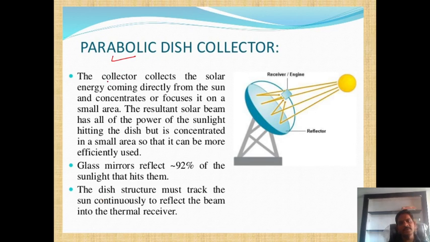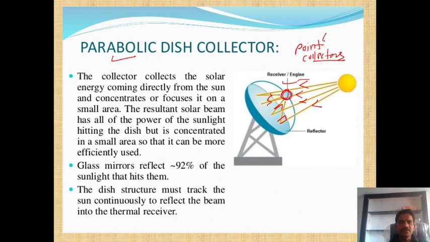Yes or no? Yes. This parabolic dish collector is nothing but a point type of collector. Okay, so you see here, this is the solar radiation, which is incident on this parabolic dish, and from this parabolic dish it is reflected toward this receiver here.